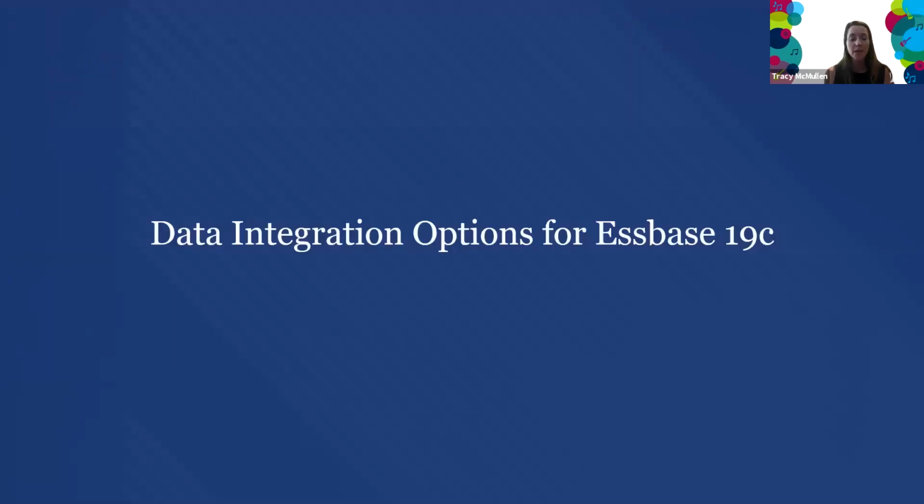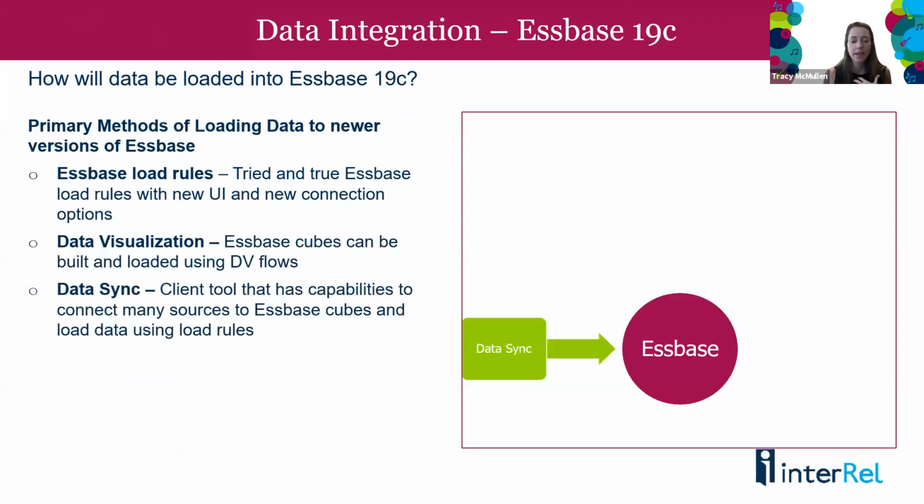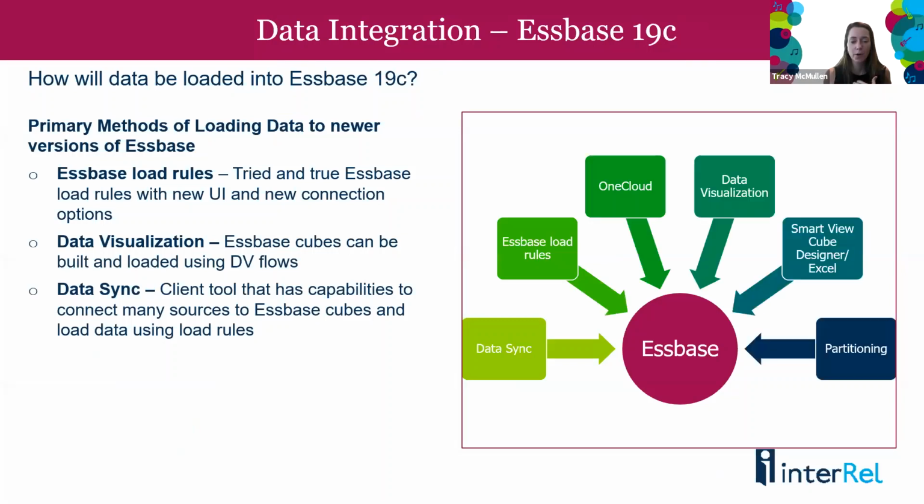So now let's talk a little bit about 19C. What I would love to be able to say is, go ahead and pull up our rainbow. We're talking native Essbase, right? Essbase 19C, which right now you can run on Oracle Cloud Infrastructure. Coming soon, you're going to be able to run that on your own hardware.